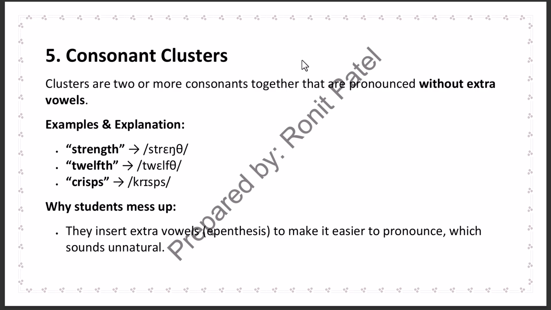What happens? The brain tries to make pronunciation easier by secretly adding a small extra vowel. So instead of strength, students say something like estrength, which is incorrect. And instantly the pronunciation sounds non-native.